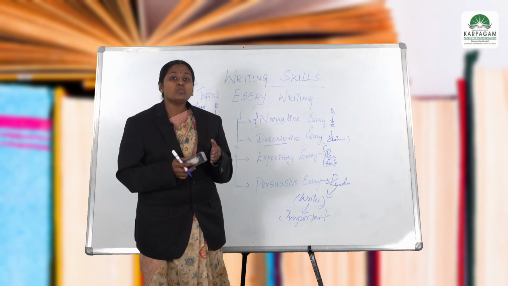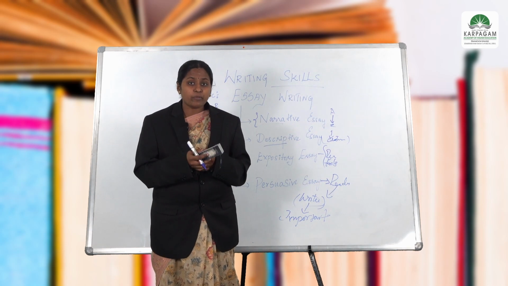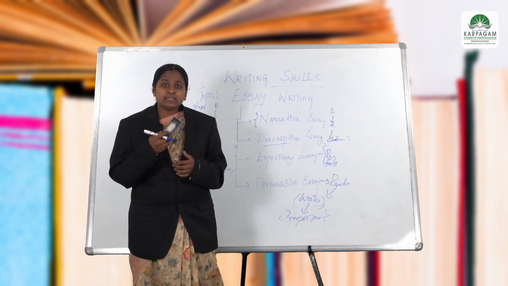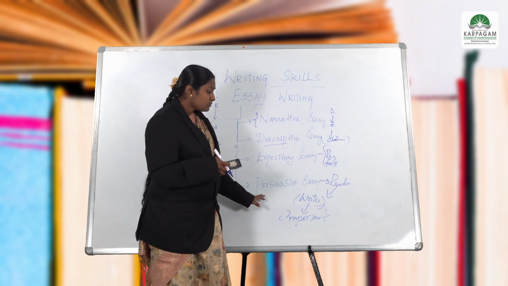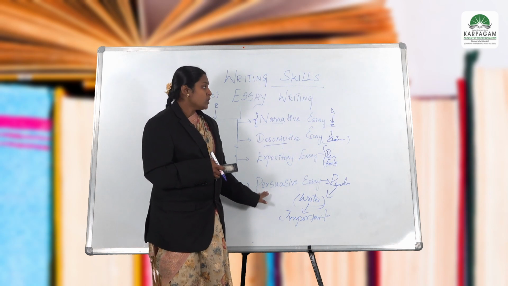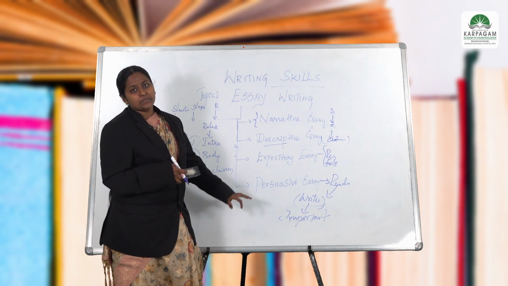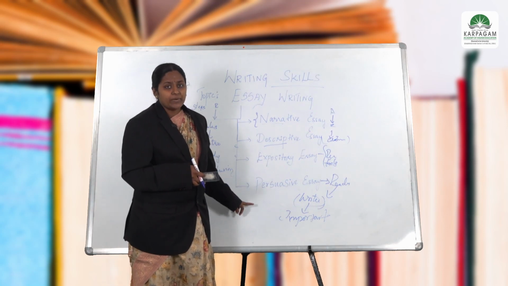You should always understand what the writer has said. This type of reading is persuasive reading, and writing from the writer's point of view is persuasive writing. So there are four basic types: narrative, descriptive, expository and persuasive.